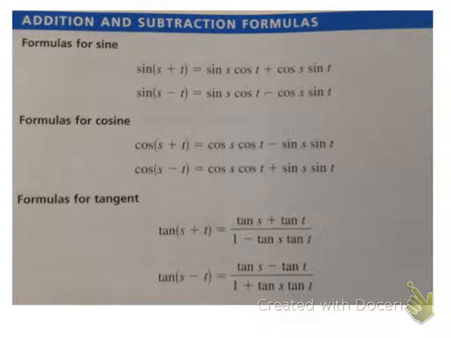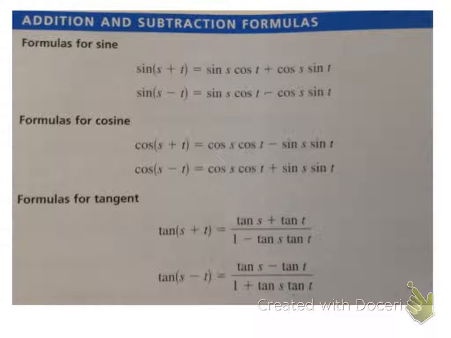So what I mean by that is that if I have a sine of two angles added together, that would equal sine s cosine t plus cosine s sine t. If you're subtracting angles inside of a sine, it's sine s cosine t minus cosine s sine t.